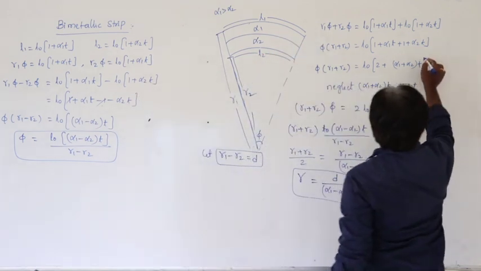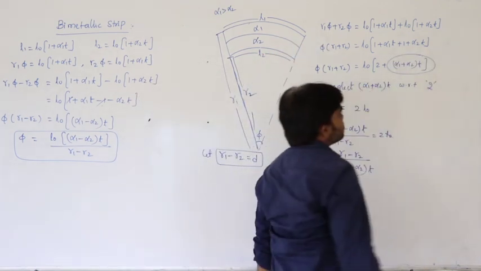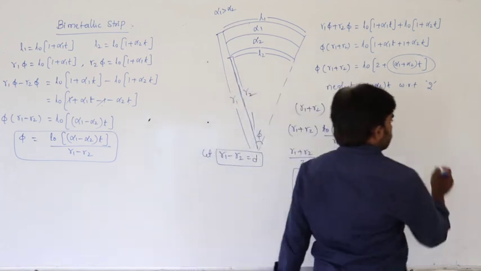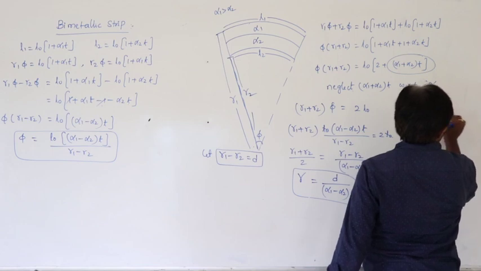Why is the term alpha 1 plus alpha 2 into T neglected? The alpha value is generally of the order of 10 power minus 6.